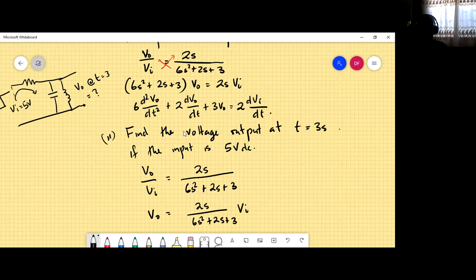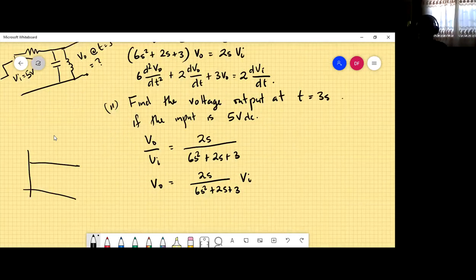Now we are told that our input is in the time domain. Our input is a DC input of 5 volts. Basically we turn on the switch, 5 volts, time passes.